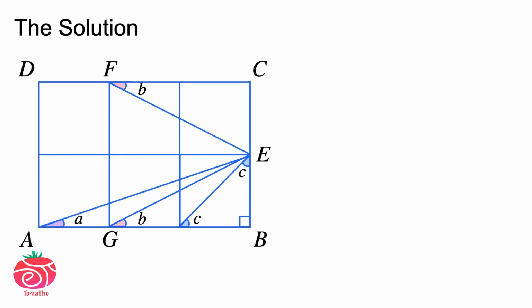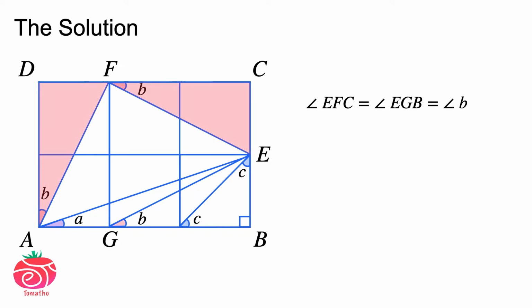Since it is a reflection, angle EFC equals angle EGB, which equals B. Next, draw segment AF as well. Take a close look at the 2 triangles here, triangle ADF and triangle FCE.